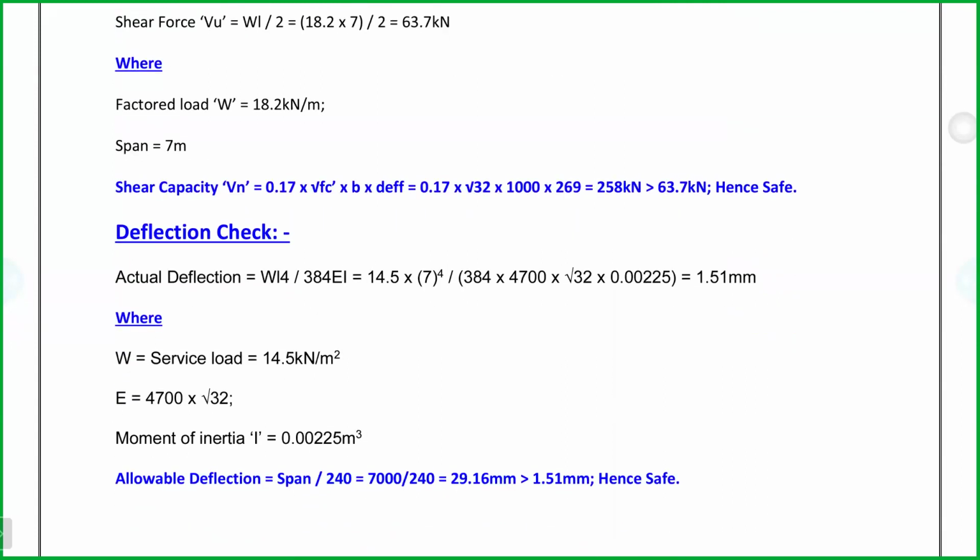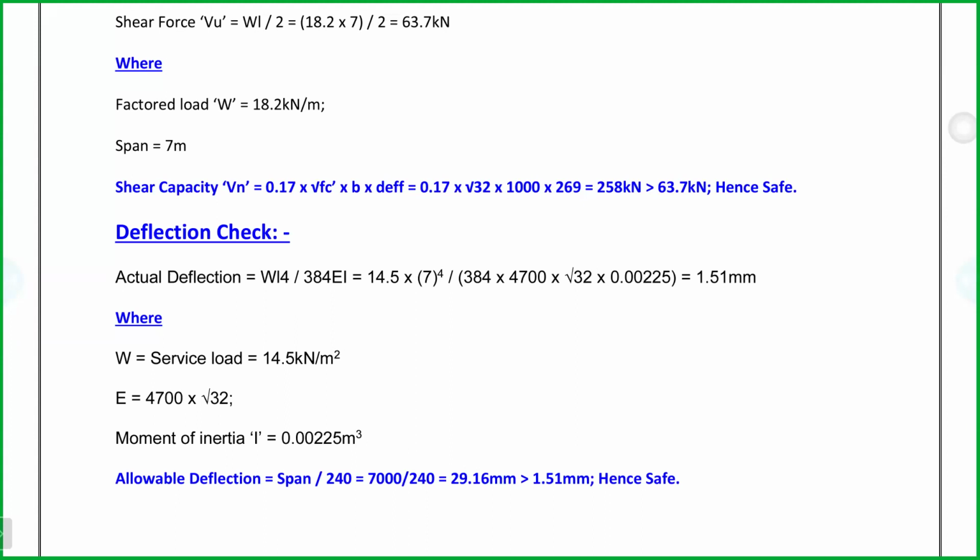What is the shear capacity? It is 0.17 root of fc prime. It is called fc prime, fc doesn't matter, but this terminology is called the cylindrical strength. The difference between cubical and cylindrical is that cylindrical is always 20% lesser than cubical. Don't confuse yourself, because this is also one of the questions which people always confuse themselves with in examinations.